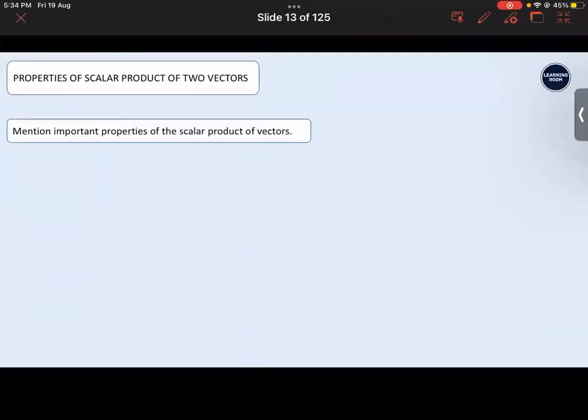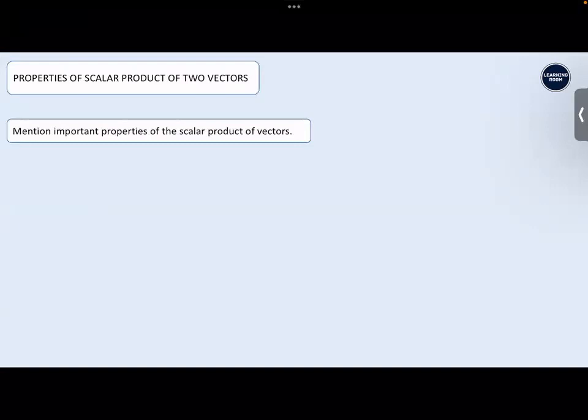So listen, properties of scalar product of two vectors. Here we are going to discuss the important properties of scalar products.